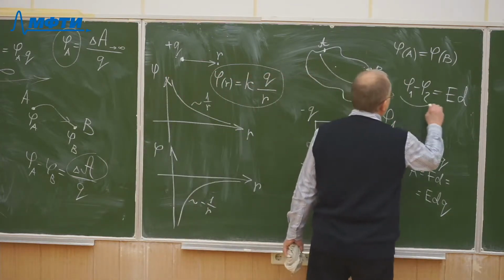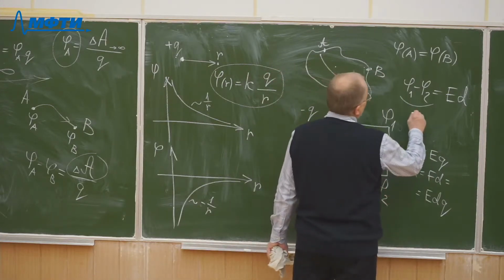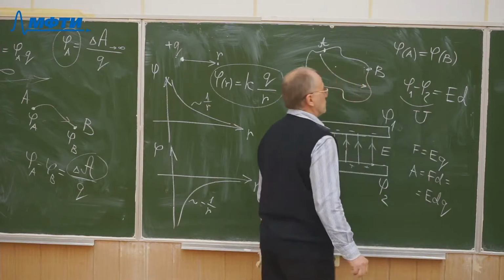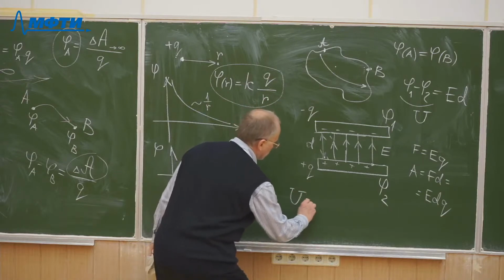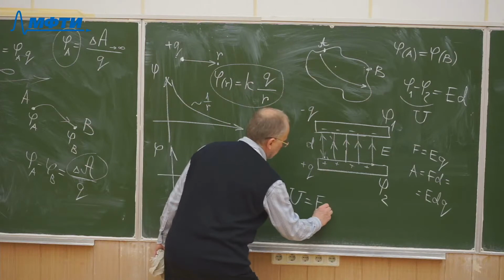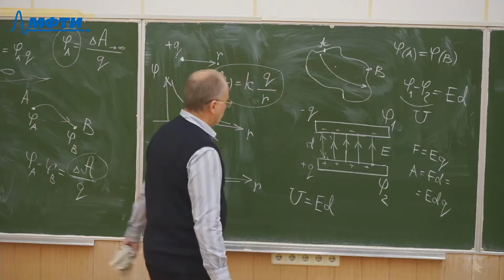The potential difference on a capacitor is usually called a voltage, and sometimes it's denoted by capital U. So for a capacitor, we may say that the voltage on the capacitor plates is the electric field strength inside times the distance between the plates.